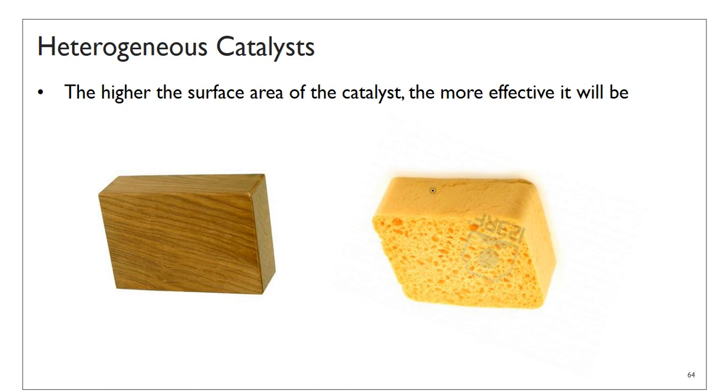I probably should fix this. You really want to maximize surface area. So anything that's porous or like a mesh is always going to be a better catalyst, because you can maximize the contact between the catalyst and the reactant. So this is not a very good catalyst for that particular purpose.